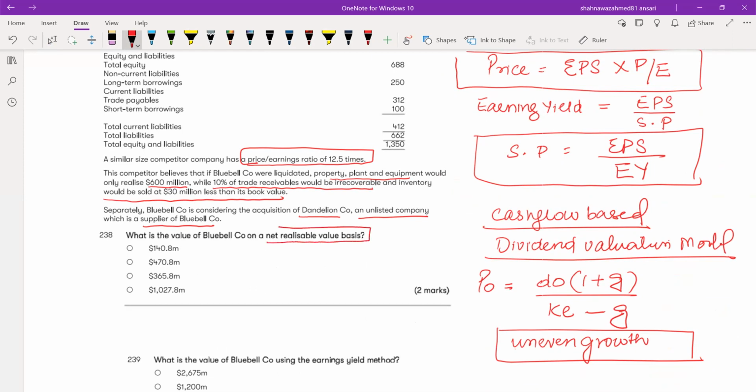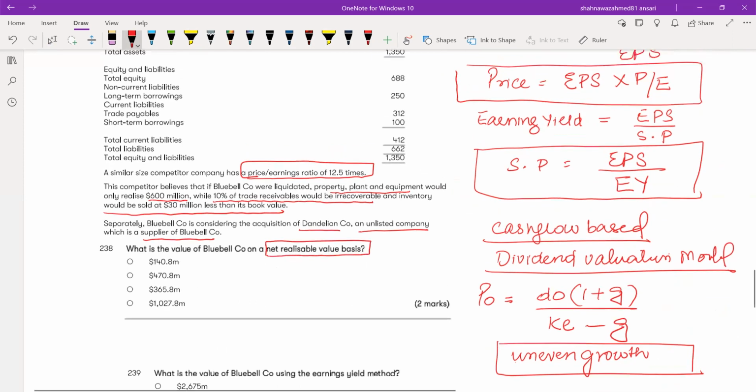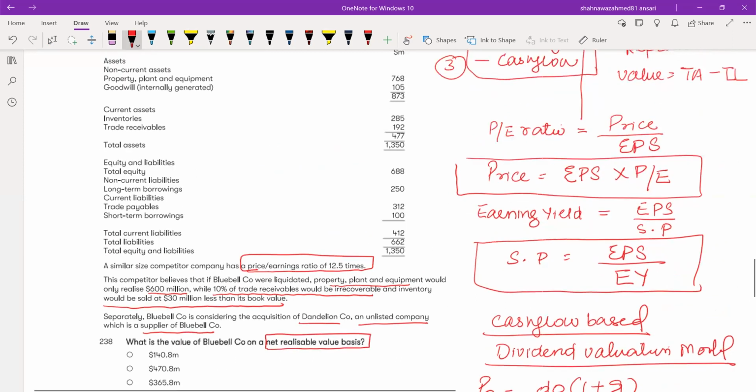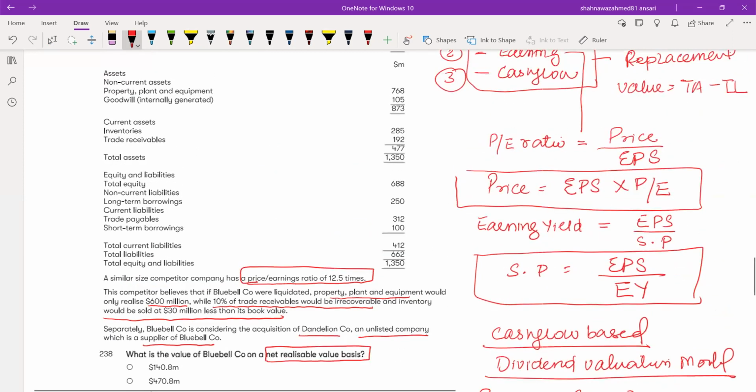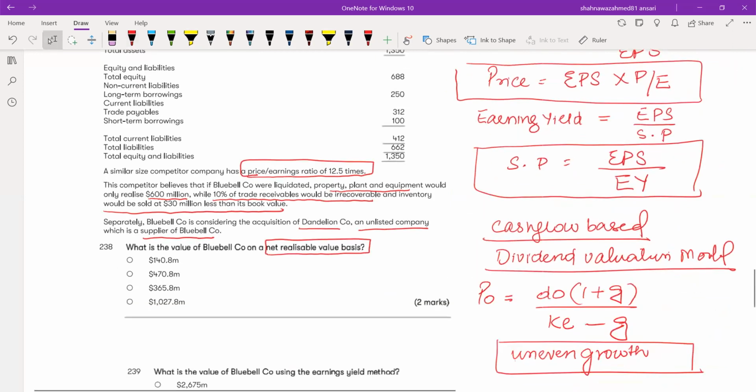So in case of net realizable value, we have to change the asset values given. For example, the property, plant, and equipment realize only 600 million.